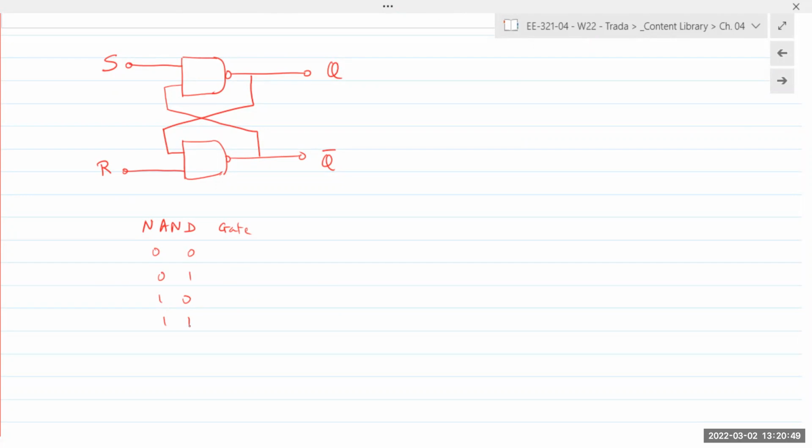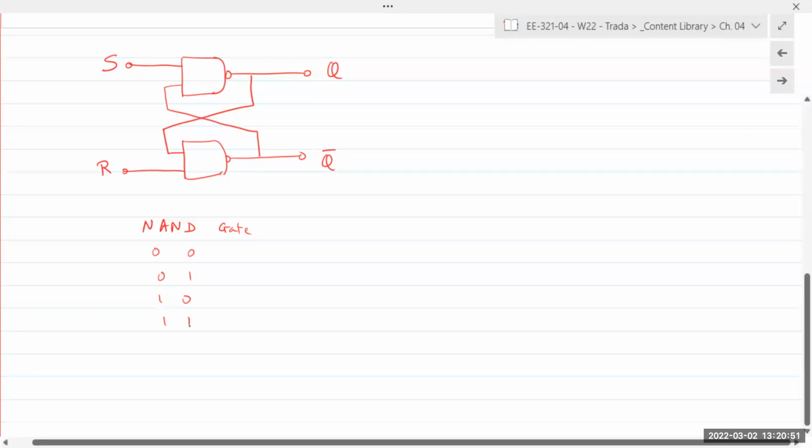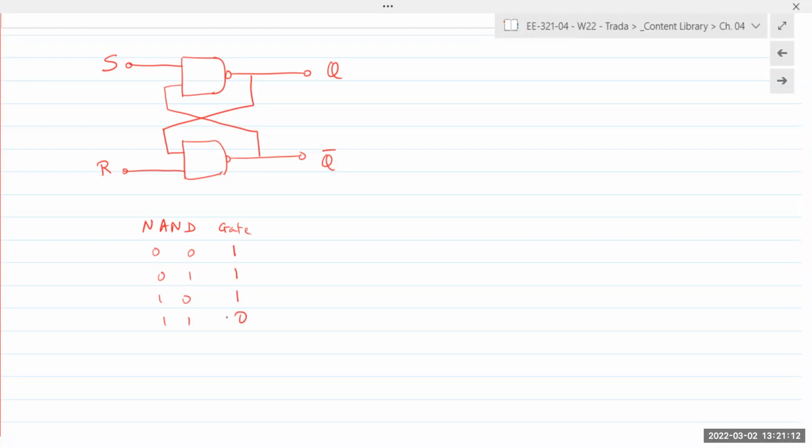It's NOT of AND. 0 and 0 gives us 0, and then NAND would give us 1. Same thing with zeros and ones and ones and zeros. The only input for which it goes low is when both inputs are high.